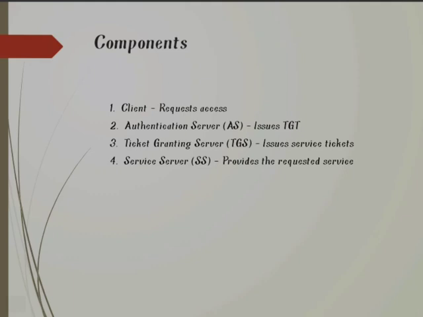This server receives the TGT and, upon validating it, gives out tickets for accessing specific services. Fourth, the service server. This is the server that actually provides the service that the client is requesting, like a file server or a database. These components work together to authenticate users securely and effectively.